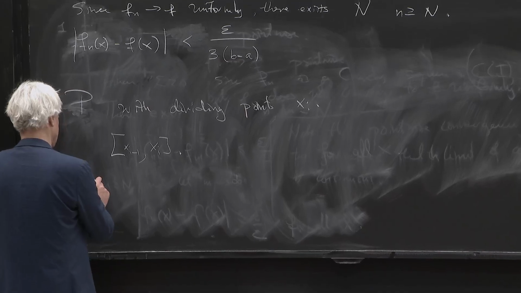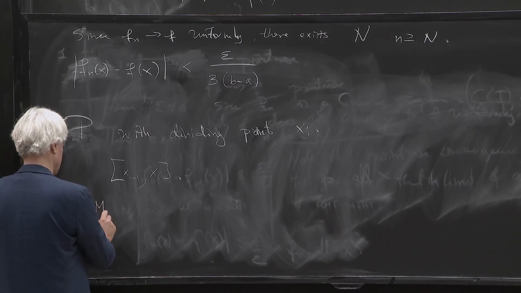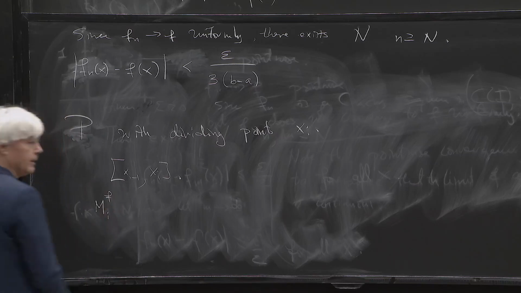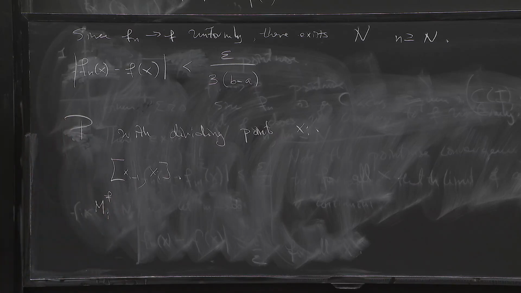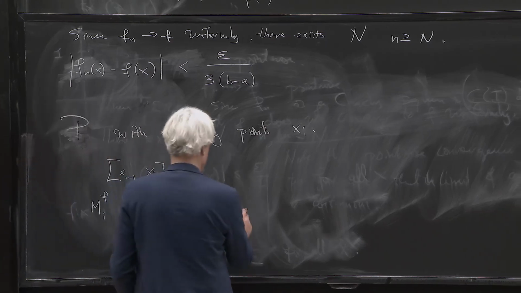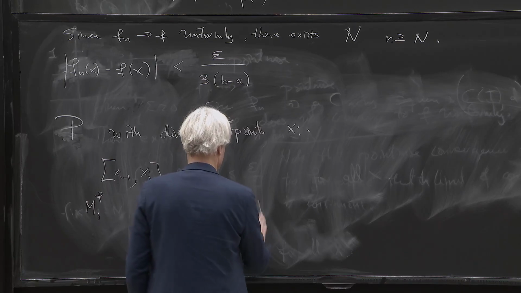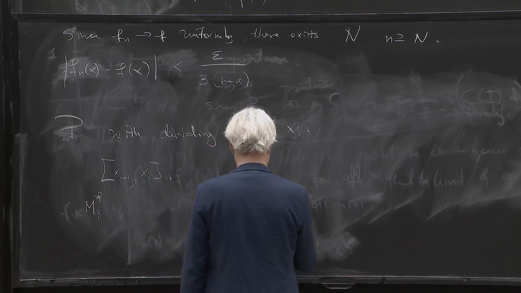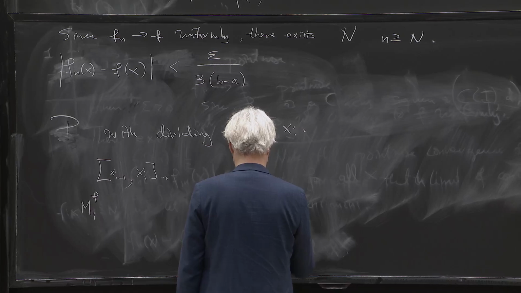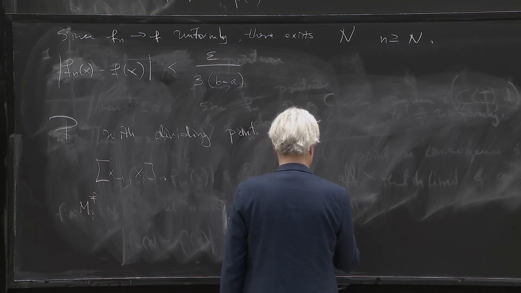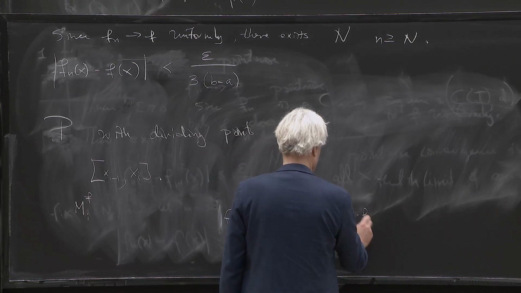So suppose you're looking at the sup on this little interval, but it's for f, right? You have that f of x is less or equal to fn of x plus, of course, f of x minus fn of x.